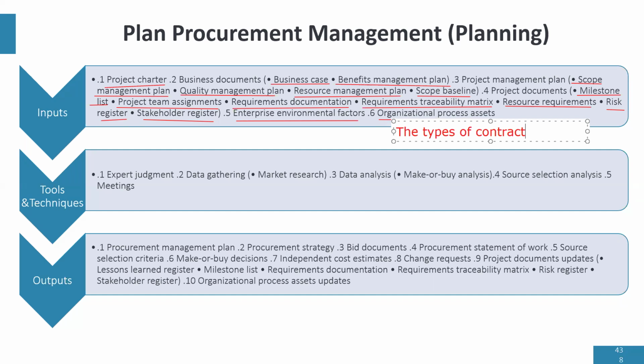We'll talk about contract types. Your organization process assets could also have the pre-qualified vendors that are registered with the organization. For some organizations, they pre-qualify their vendors, which means they have registered vendors. Anytime they want to get work done, they go through their pre-qualified vendors.